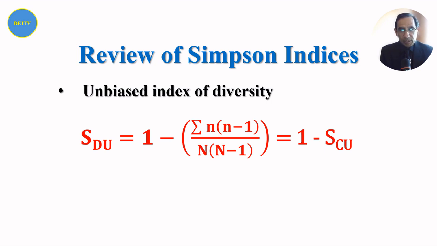You divide that by the total number of individuals times the total number of individuals minus 1, represented by capital N times capital N minus 1. Again, that's the Simpson unbiased concentration or similarity index. When you subtract that from 1, that gives you the Simpson unbiased diversity score. Another way of writing that is 1 minus the unbiased Simpson concentration or similarity index.